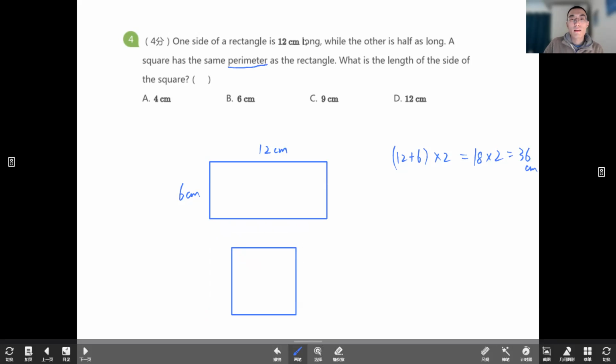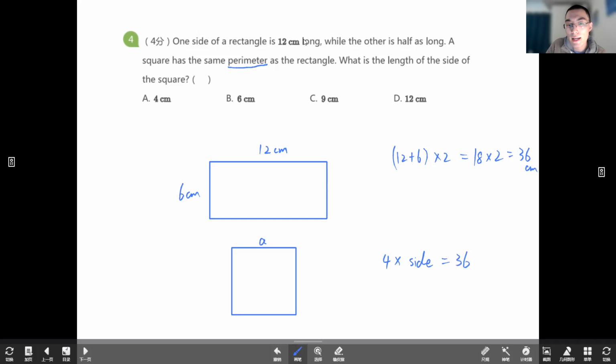Okay. So remember the formula to find the perimeter of a square. If the side length is A, or we just use side length to represent it, it will be 4 times the side length is the perimeter for a square. And we have found that it is 36.